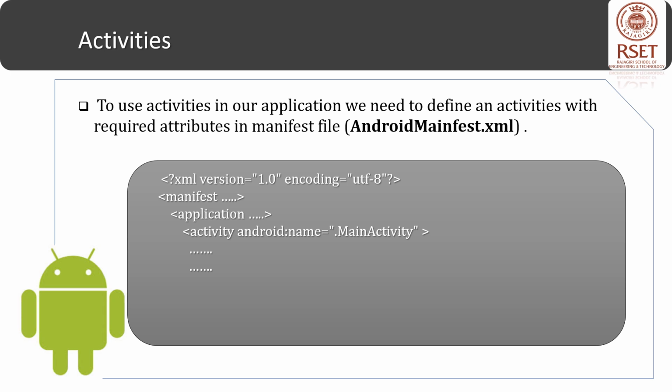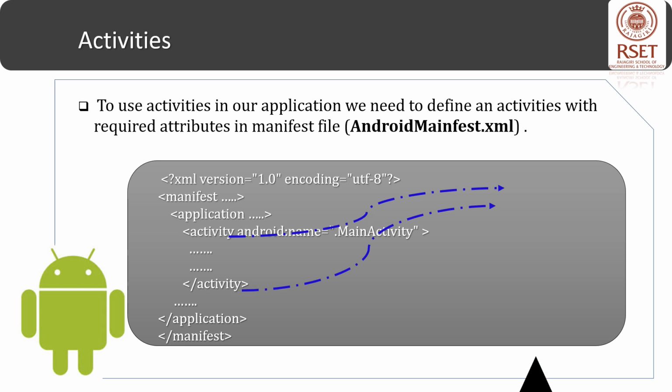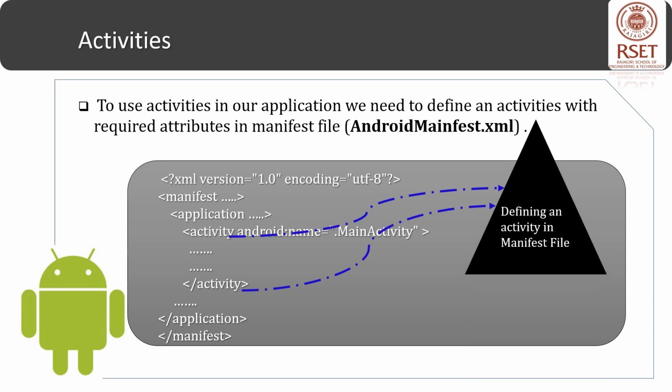Inside that we have the activity tag, and I have mentioned android:name equal to MainActivity. So I have defined my main activity there. The closing activity tag is /activity, the closing tag of the application tag is /application, and for manifest it's /manifest. So these tags define an activity in the manifest file.